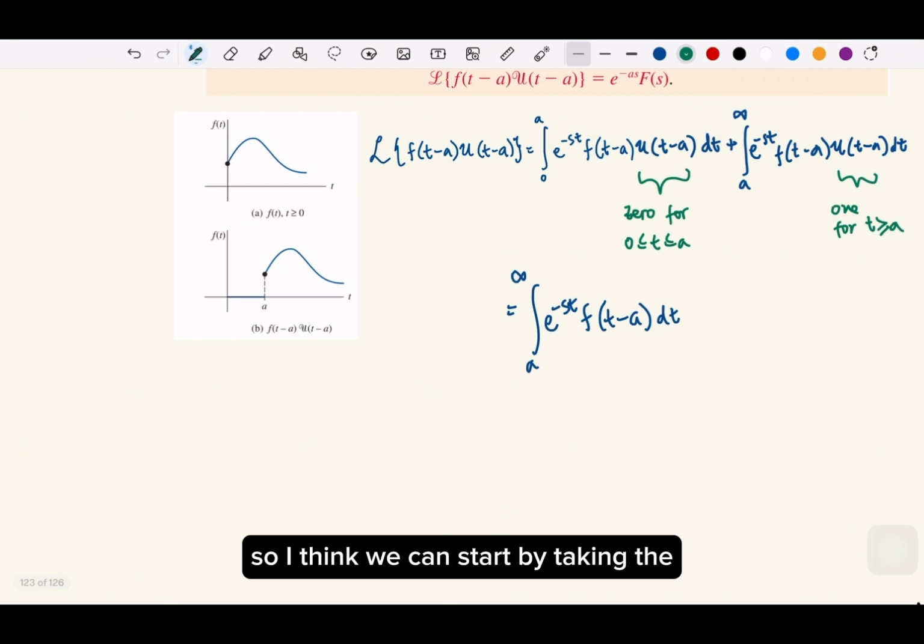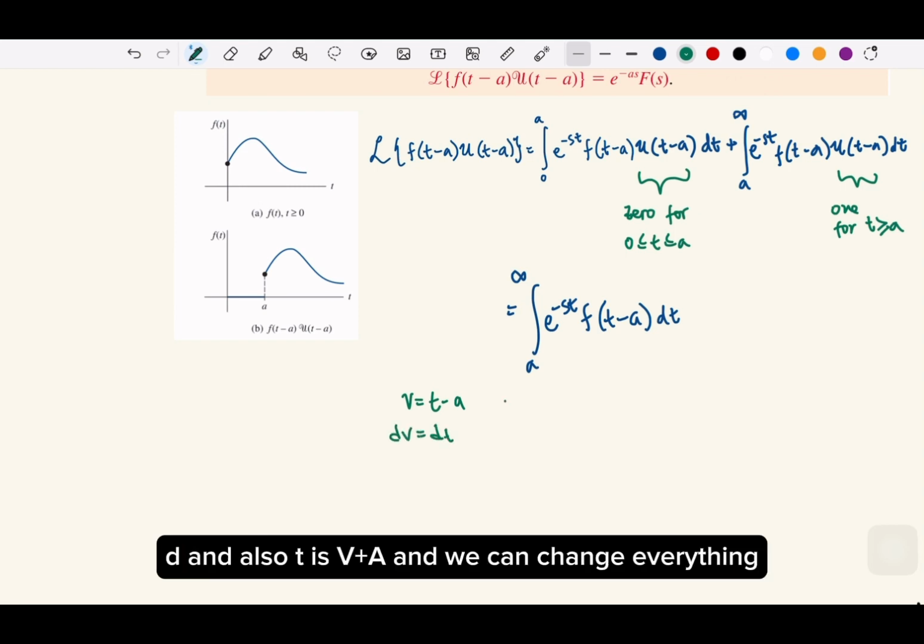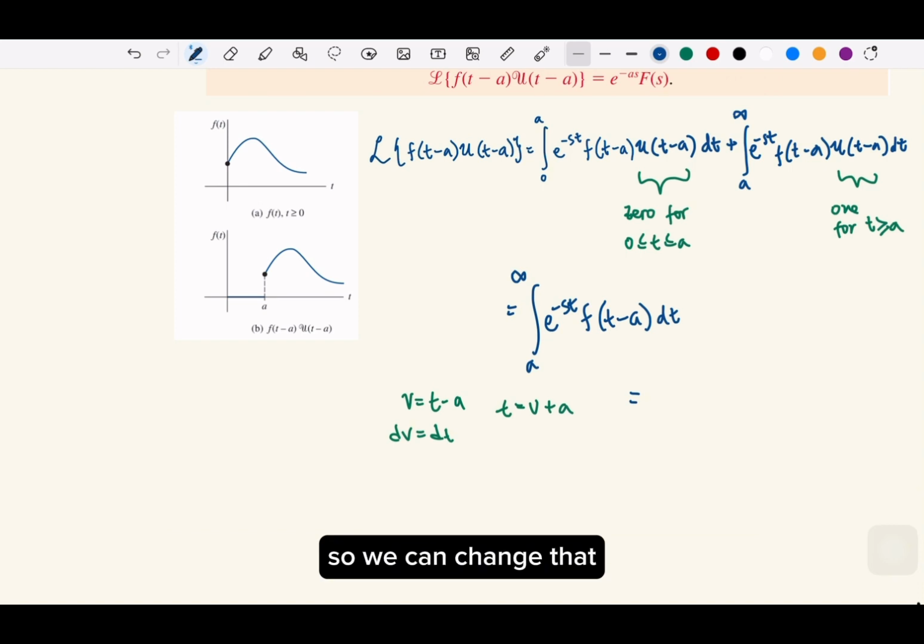So I think we can start by taking the substitution for t minus a to make it simplified. So if we have v equals t minus a, dv is dt, and t is v plus a, and we can change everything.